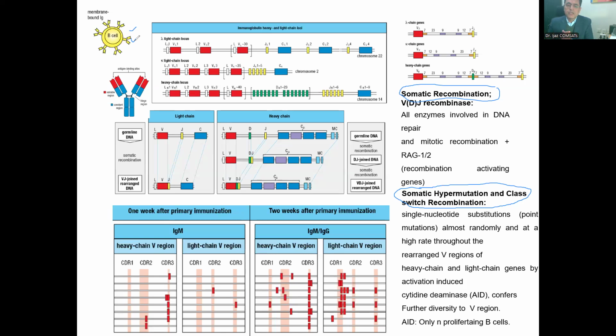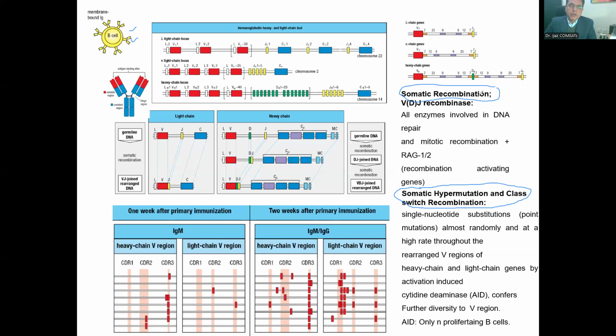Those genes that are responsible for making this antibody on the surface of the B cell are rearranged during this developmental process, and every B cell has to undergo this particular process of somatic recombination. So that is the first thing that should happen to each and every B cell.